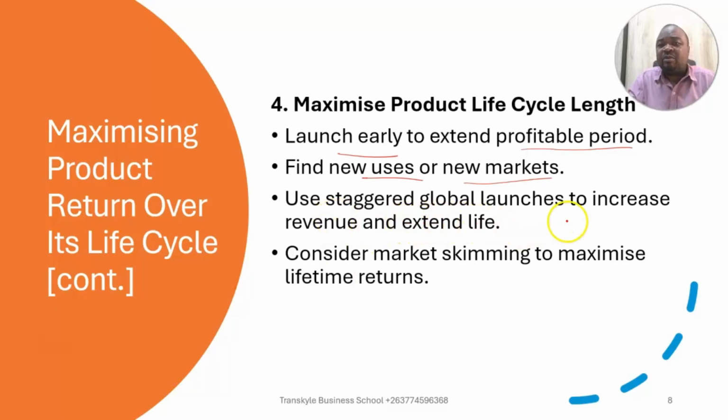Use staggered global launches to increase revenue and extend the life. Again, we should also consider going global, not only supplying our local markets. We need to consider skimming to maximize lifetime returns.